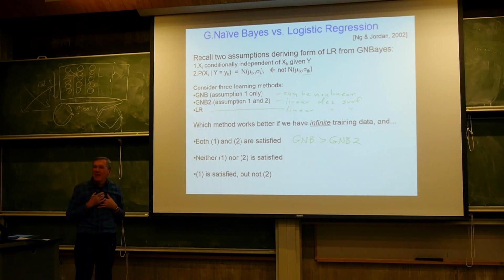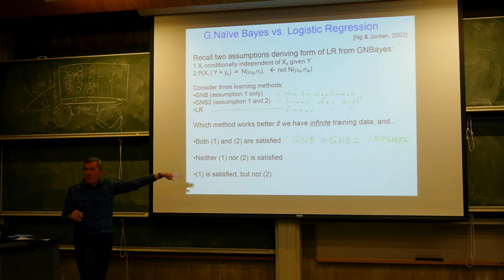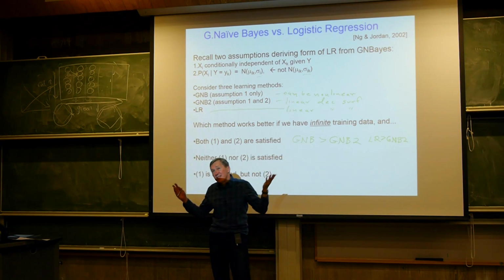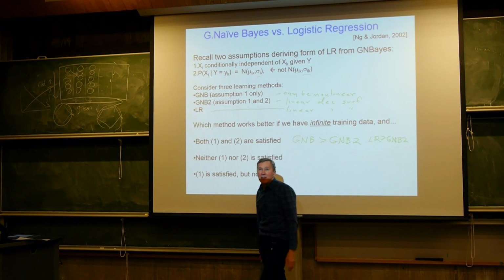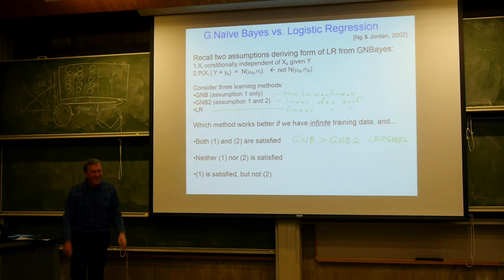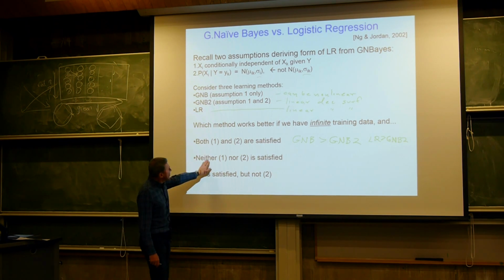But as we showed, we can't really say that. And I guess we could say that logistic regression would dominate GNB2, for example, in the case we were just drawing on the previous slide. But we can't say that logistic regression would dominate Gaussian naive Bayes, because we might need a linear surface that doesn't obey the conditional independence assumption that the Gaussians are axis-aligned ellipsoids. Okay, what if neither assumption is satisfied?